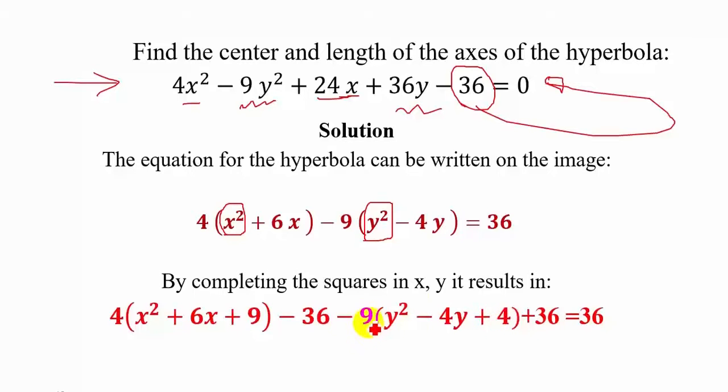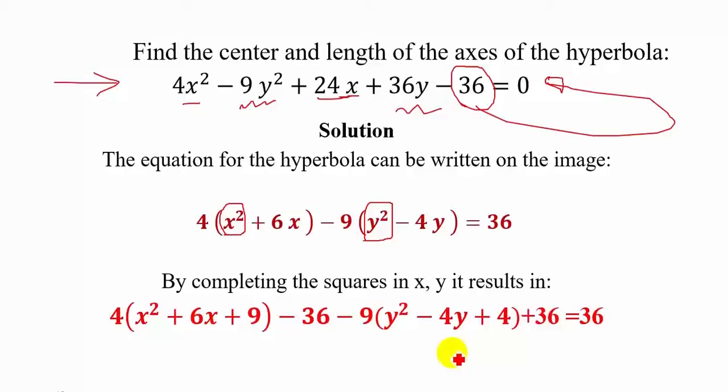So we have here 36, new 36, and I'm having here 36 over there. So that means I add over that 36 and subtract 36, and subtract here 36 and I add 36. So never happened anything, right?